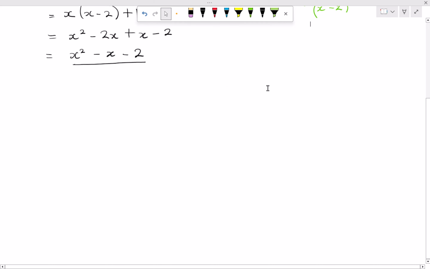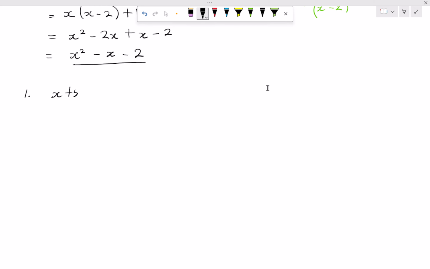So example number 1, we have x plus 5 and x minus 2. With the first term in the first bracket multiplying by everything in bracket number 2, plus the second term multiplying by everything in bracket number 2.